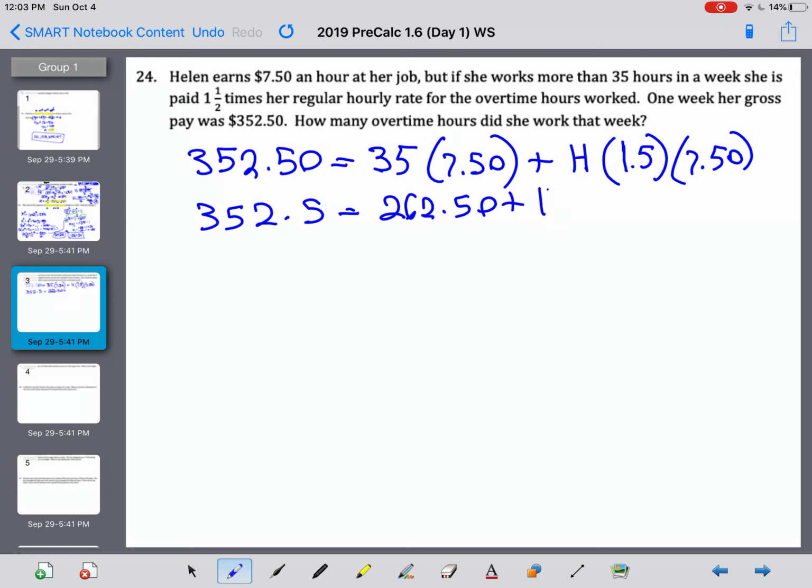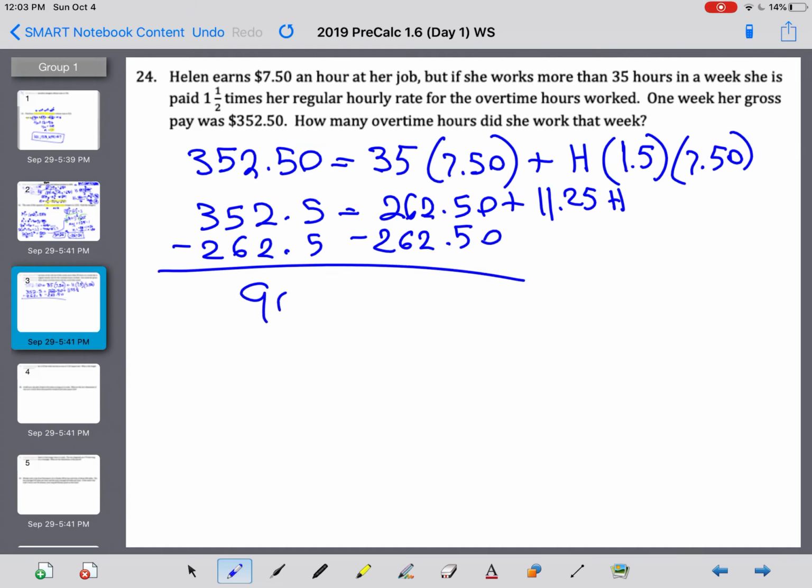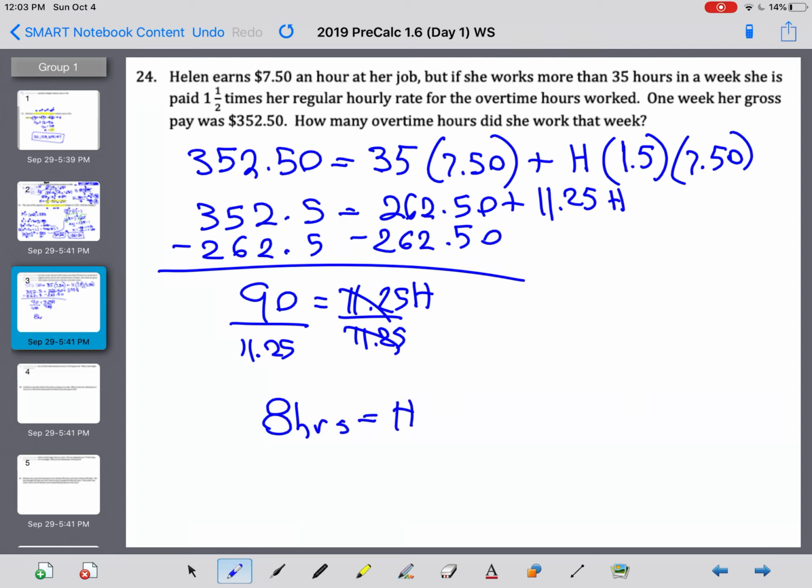Over here, this is going to give me 11.25 H. I'm going to do a subtract step, so I'm going to subtract this over. Gives me 90 equals 11.25 H. Divide by 11.25. That's going to give me 8 hours for the overtime hours. Okay, so 8 hours of overtime.